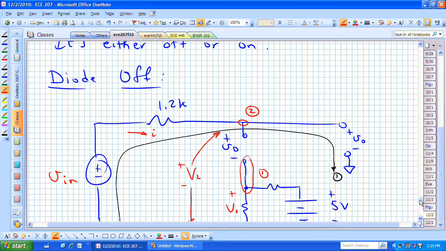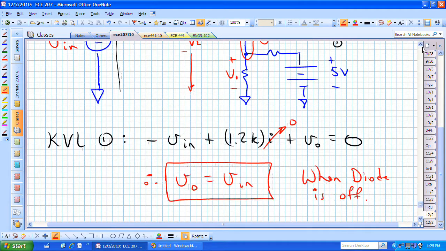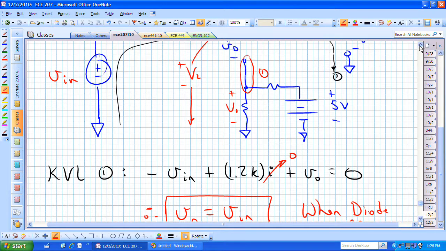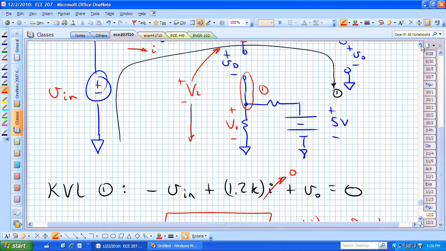So if we go back to this circuit, hopefully it's clear with that diode off what V1 is actually equal to. V1 can be found from a voltage divider. This was 2K and this resistor was 3K. We have 5 volts dropped across a total of 5K ohms, and V1 is just the voltage associated with the drop across 2K of that total 5K.